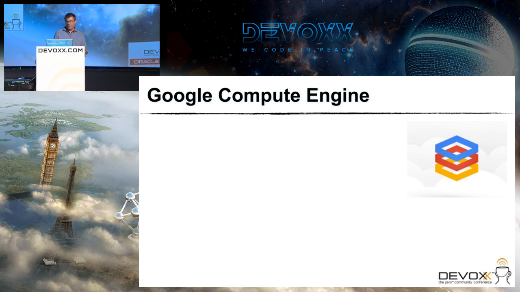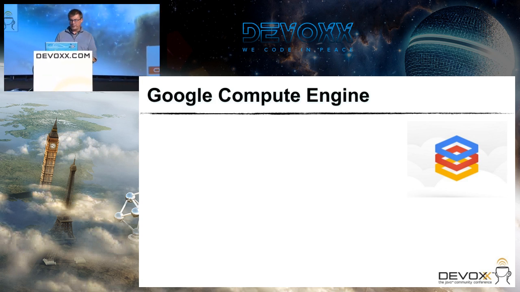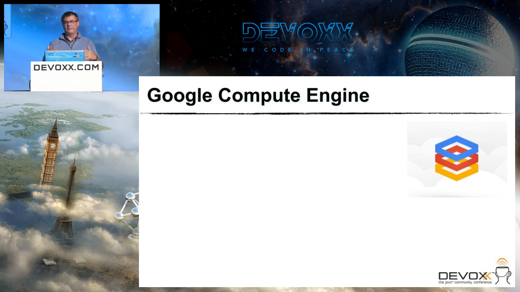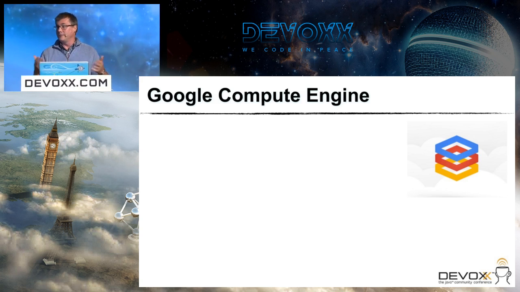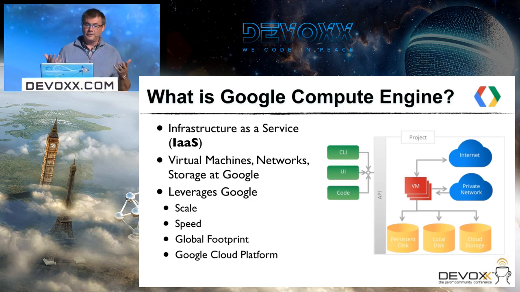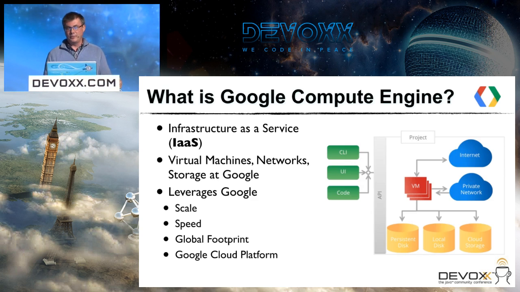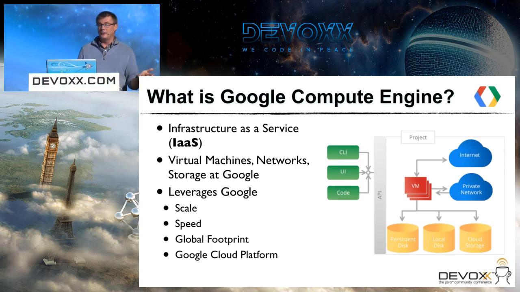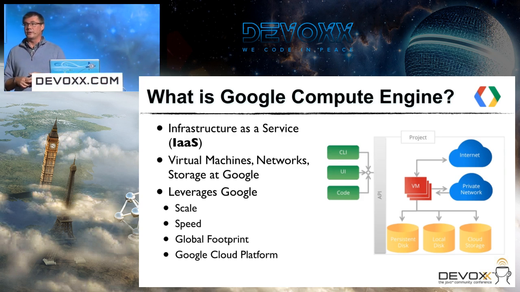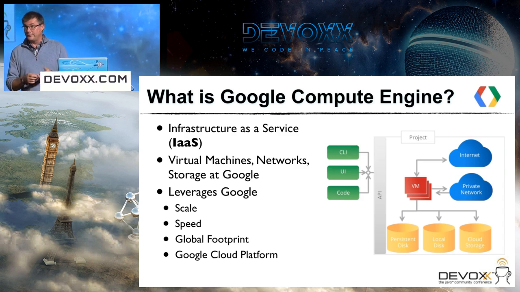Google Compute Engine will answer some of those questions. If you are stuck with some necessary limitation for AppEngine, you can also deploy some more powerful apps using Compute Engine. So what is it? It's the IaaS layer from Google. It's a new product announced at Google I/O this year, so 4 or 5 months ago.